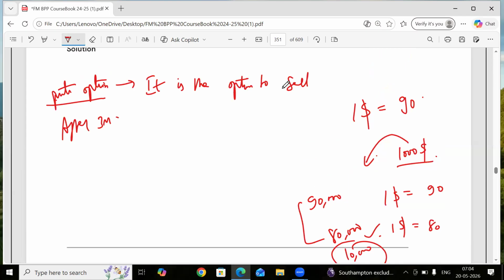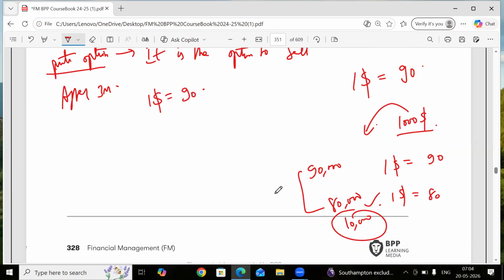Okay. So I entered into put option. That means I took a US dollar put of $1 is equal to 90. Today, my strike price is 90. Strike price is nothing but the price which you have fixed in the contract, okay, to sell the dollar. So here I have fixed 90 rupees.